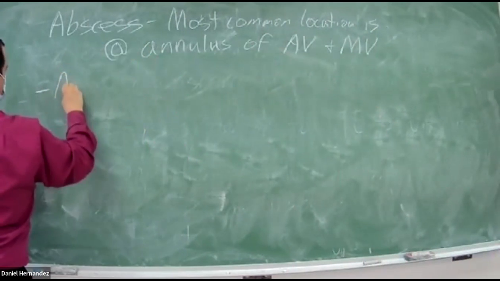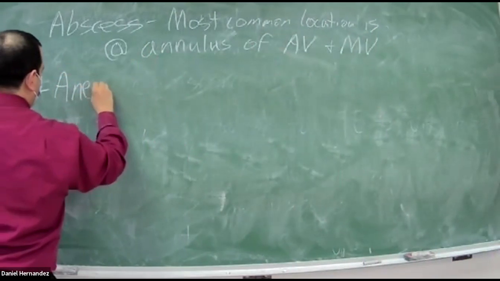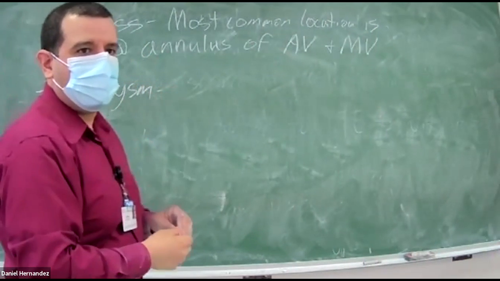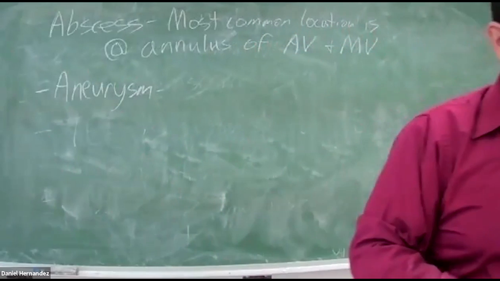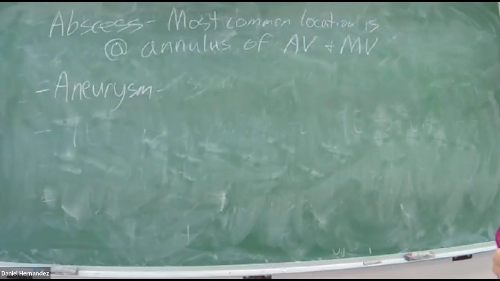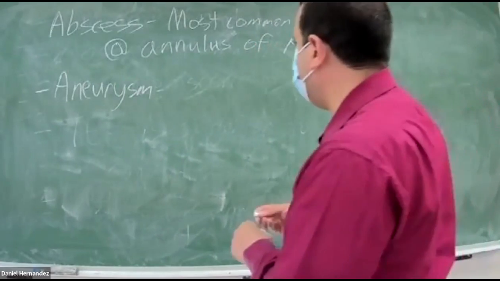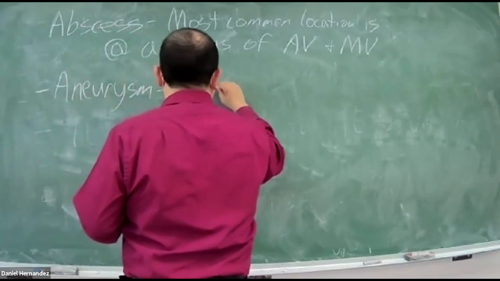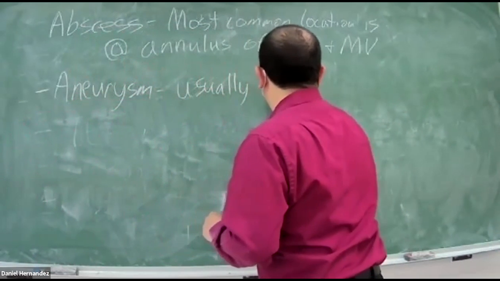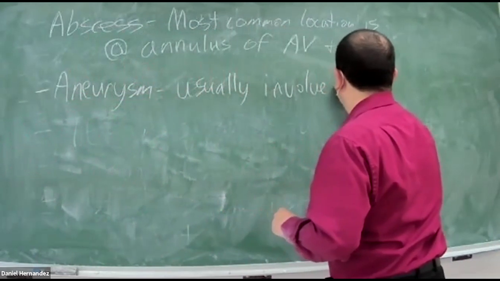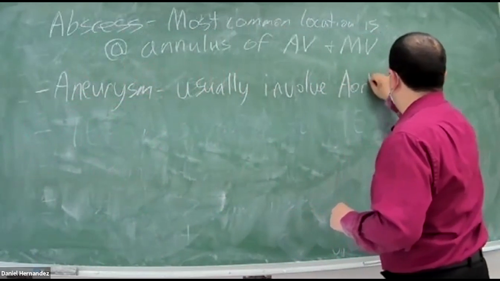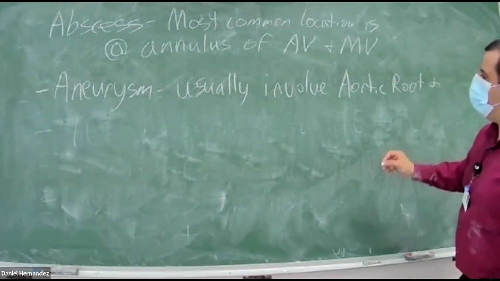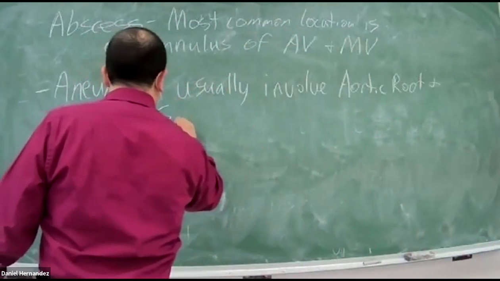Endocarditis can also lead to aneurysm. And that usually involves the aortic root or sinus of Valsalva.